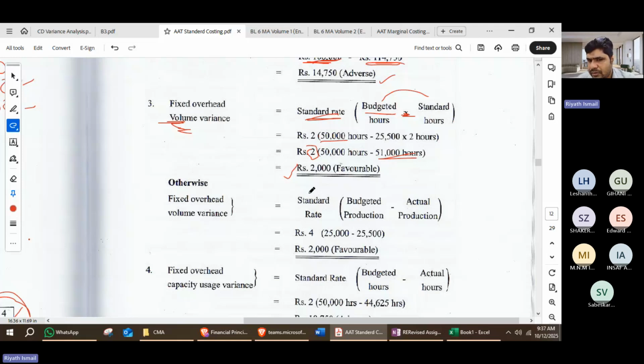It should be favorable or adverse, 2,000 rupees.